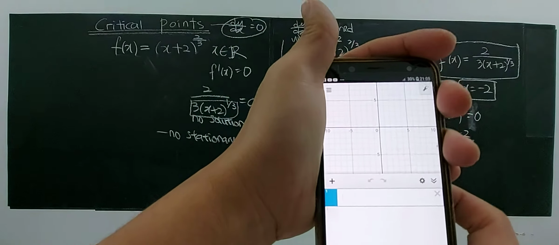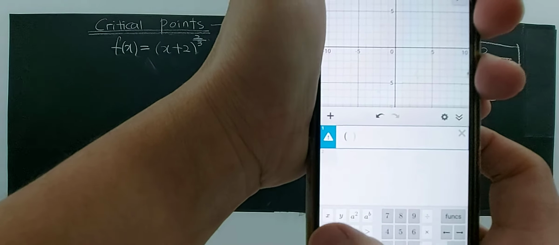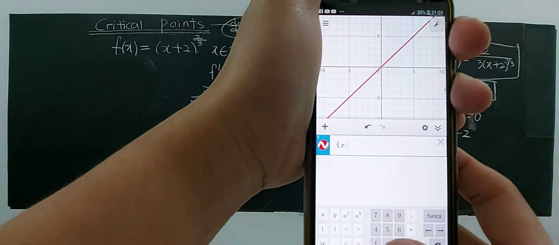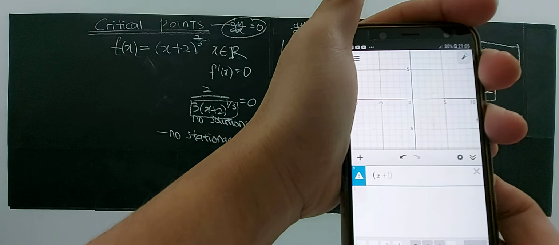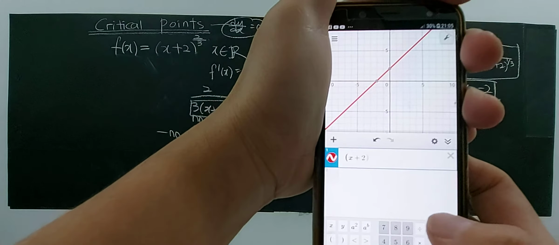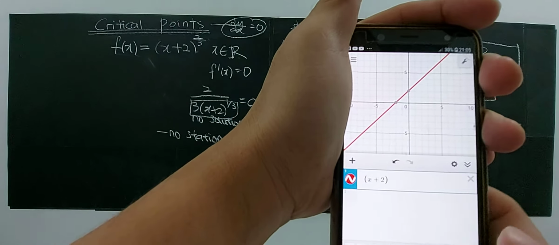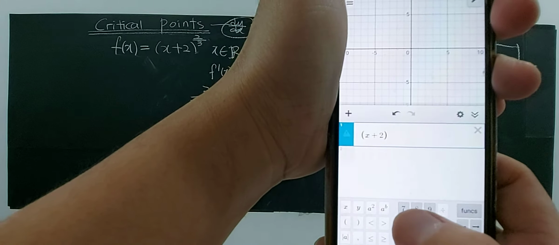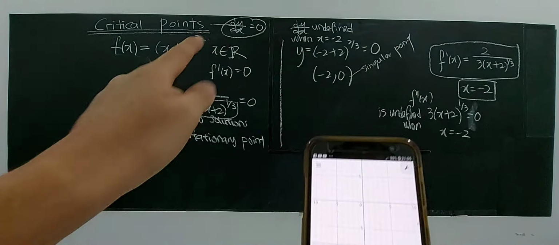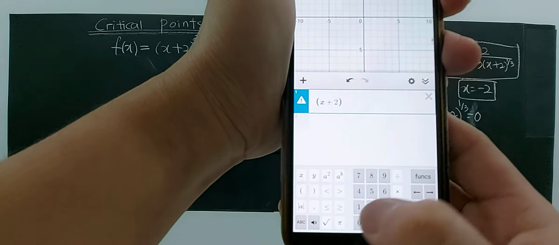Put in brackets, x plus 2, then the power, 2 divided by 3.